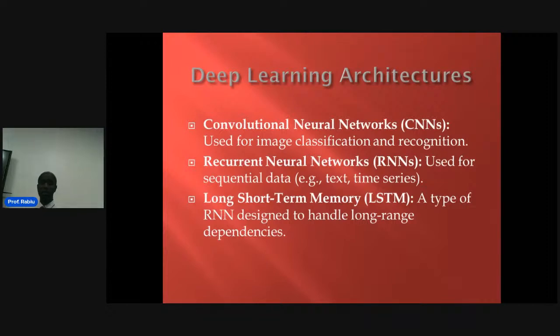The recurrent neural network is used for sequential data, for example, the text, time series, okay? Then the long short-term memory, a type of recurrent neural networks, which is designed to handle the long range dependency.